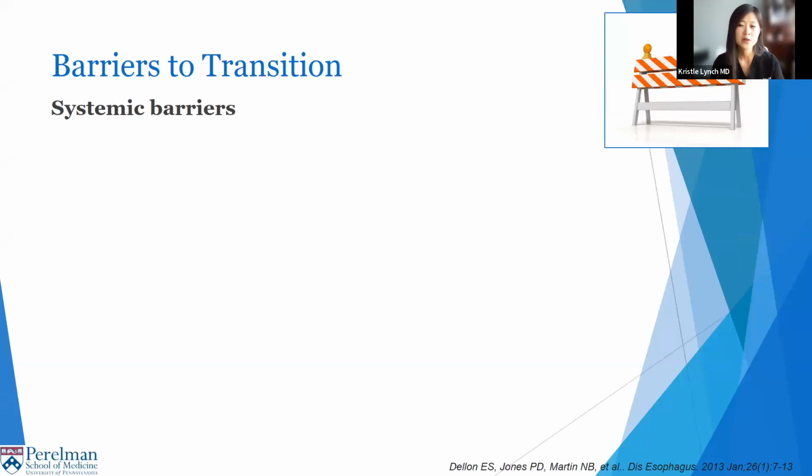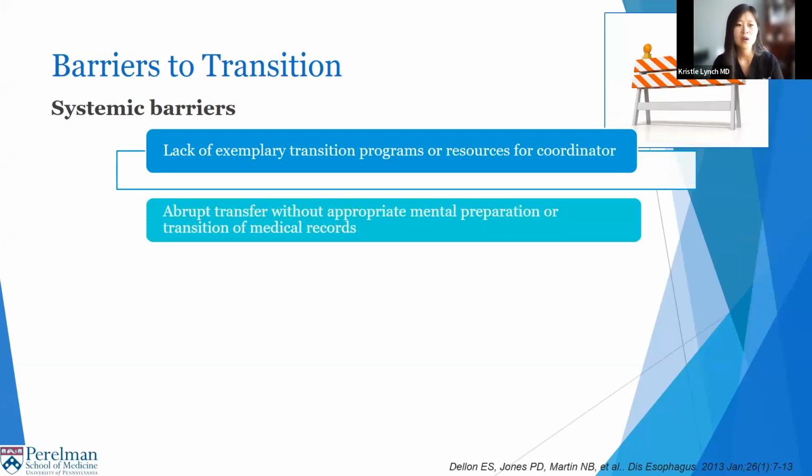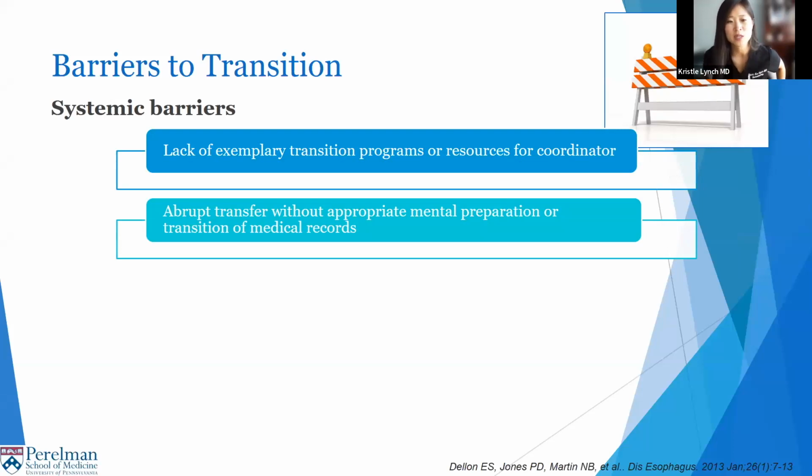And then, you know, we need to talk about systemic barriers. There's a lack of exemplary transition programs, a lack of resources and funding for these coordinators. Sometimes we see abrupt transfers of care without appropriate mental preparation or transition of medical records. In the United States, this is a problem: we really cannot see medical records from other centers, even centers perhaps down the street from you, if they are not linked electronically.